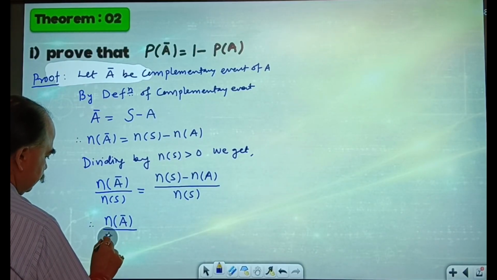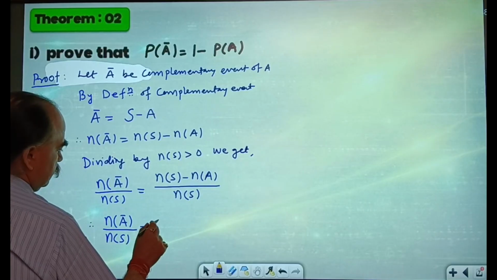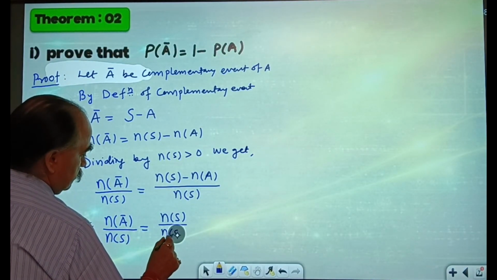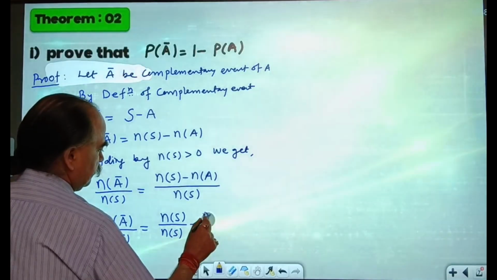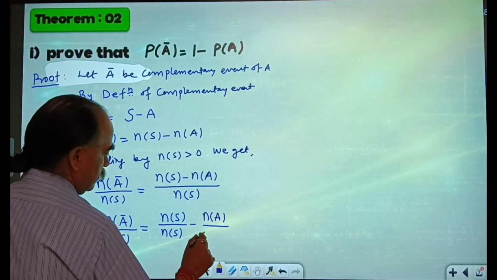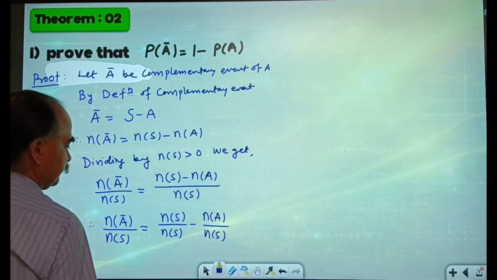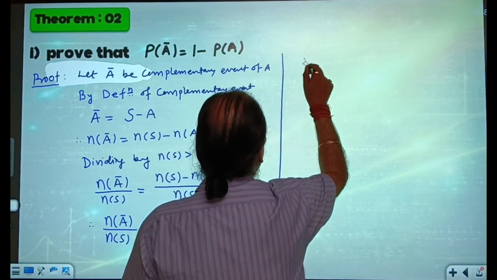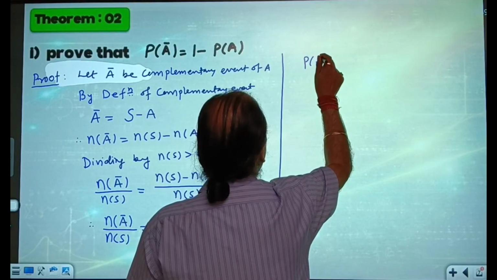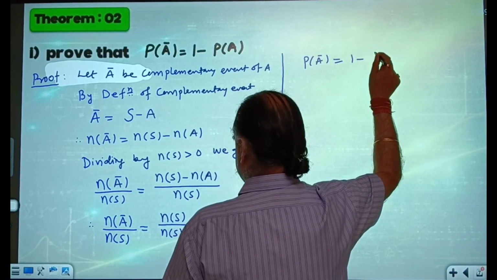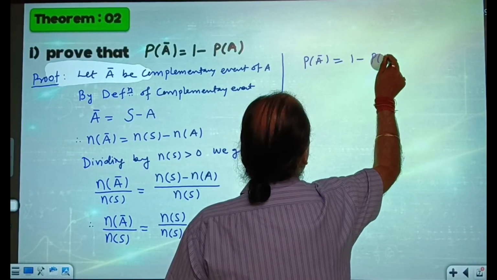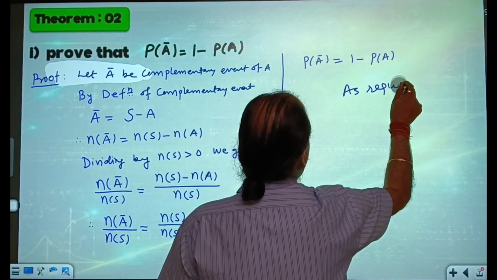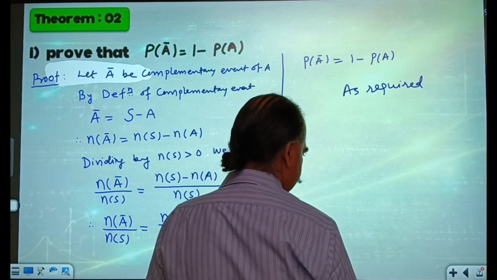So n(A bar) upon n(S) is equal to n(S) upon n(S) minus n(A) upon n(S). So P(A bar) is equal to 1 minus P(A), as required.